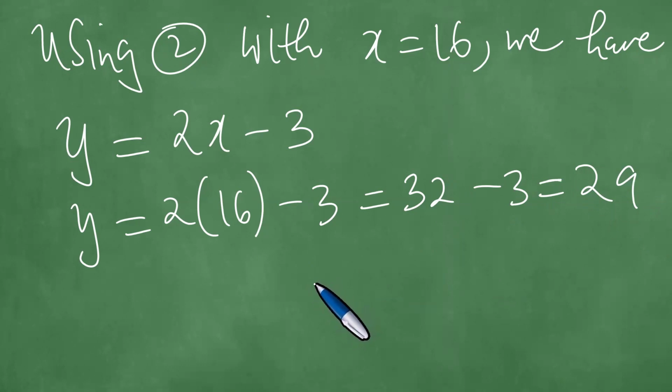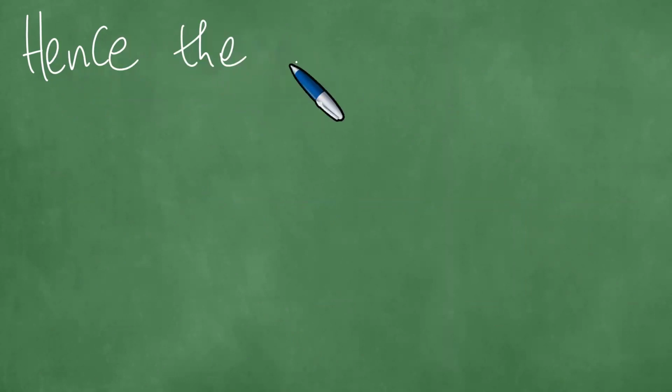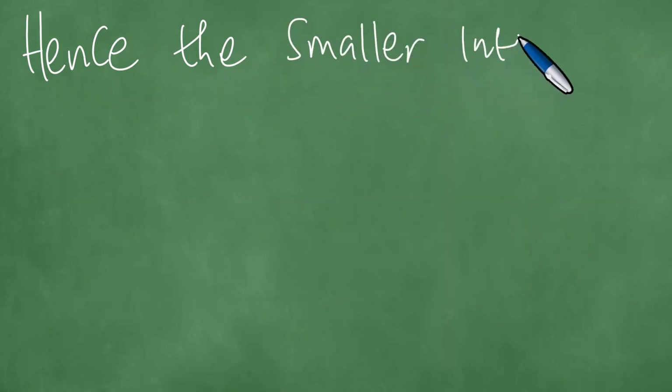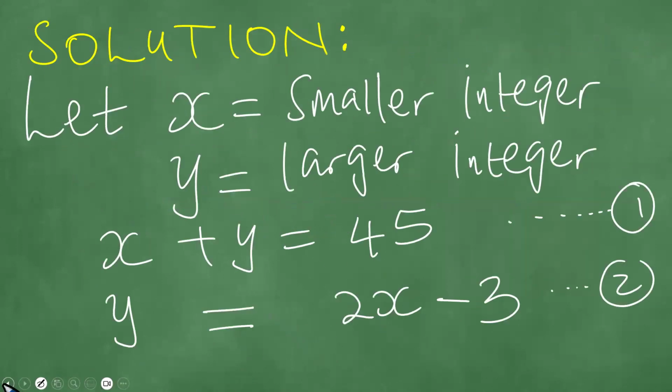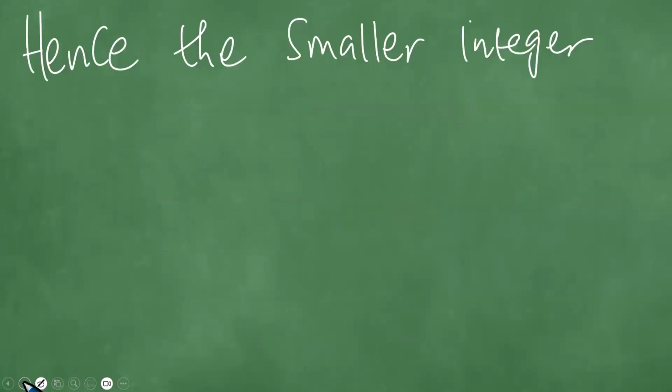So what is the conclusion here? We've got that x is 16 and y is 29. Hence, the smaller number, or the smaller integer, right? Because we used the words smaller integer and larger integer, so we just conclude in that manner.